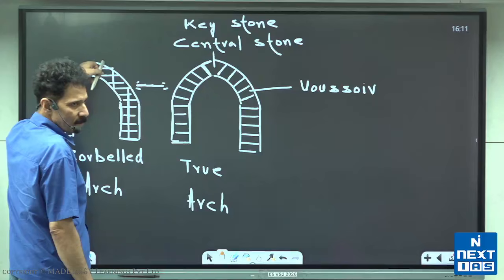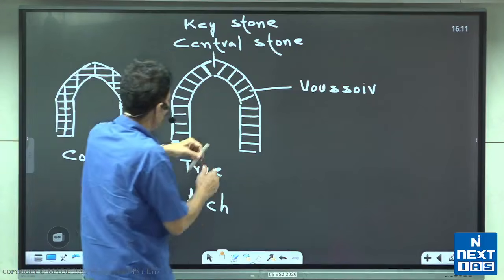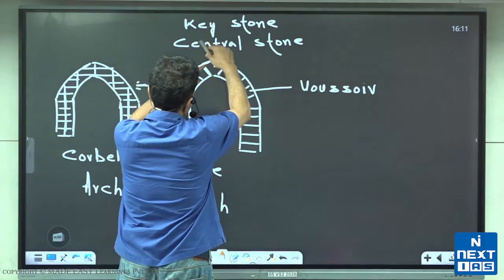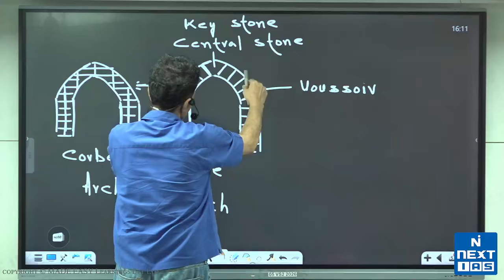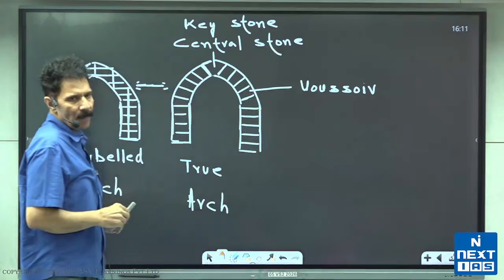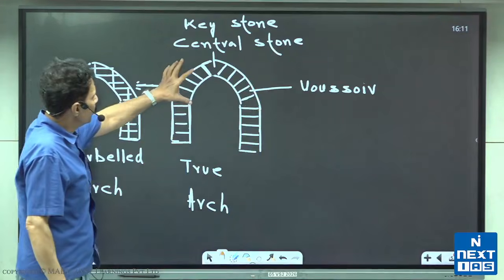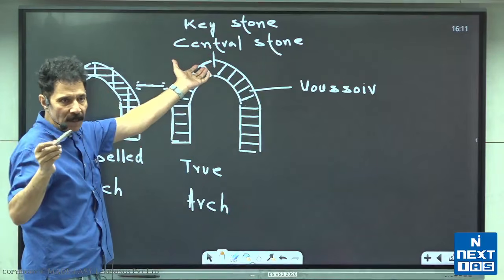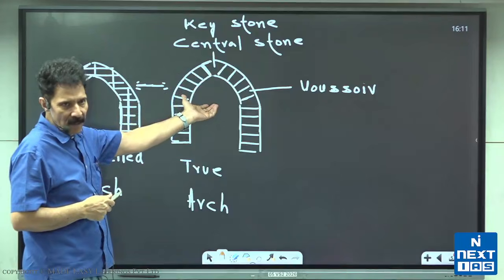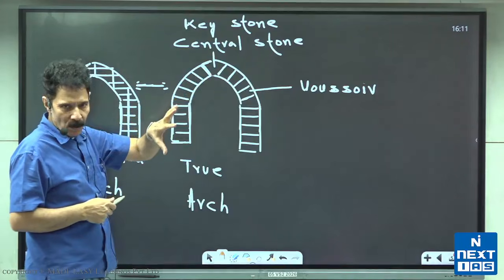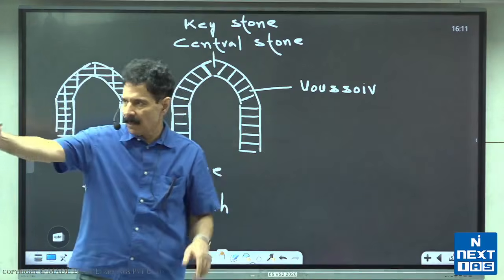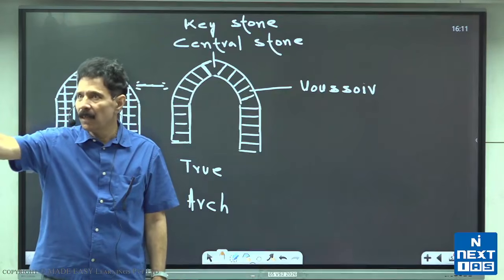Applying the science: because here the pressure applied will be diverted this way. This is the true arch. You might have seen huge Indo-Islamic buildings based on arches. An arch plays a similar role to what pillars play in a trabeate building. What is the role of pillar and beam?